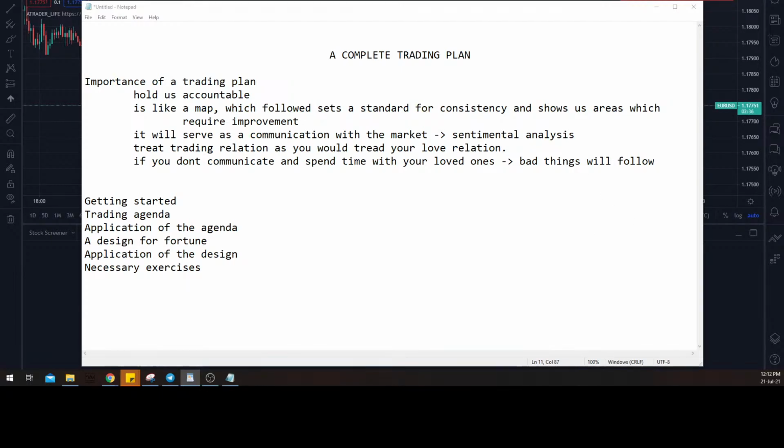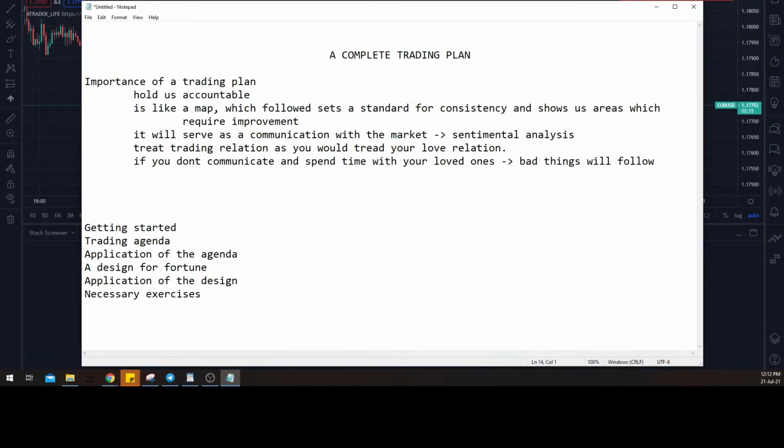So, I want to finish this part with one of the mentors that I use for myself. Well, I would say it's a mentor because his book was the first one that I actually read when I started.